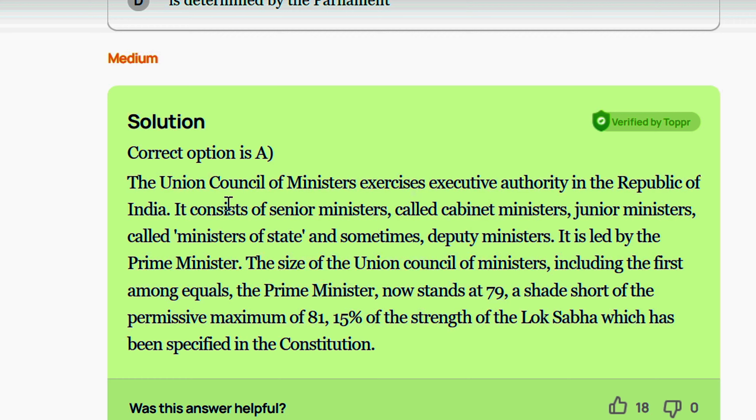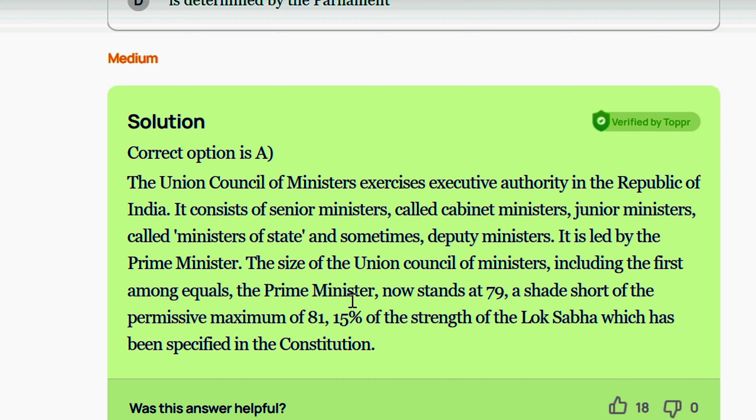The Union Council of Ministers exercise executive authority in the Republic of India. It consists of senior ministers called cabinet ministers, junior ministers called ministers of state, and sometimes deputy ministers. It is led by the Prime Minister.